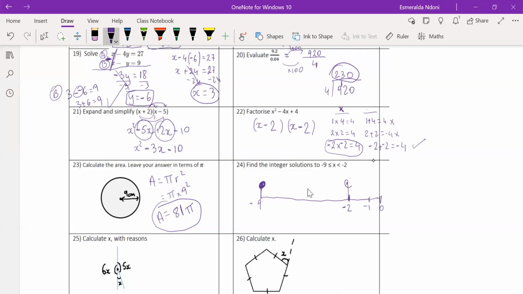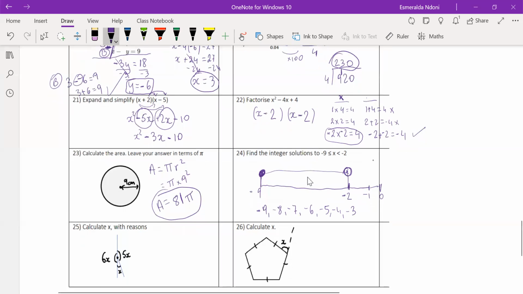All these numbers, this is not included, all these numbers that are in there are your solutions. All we need to do is list them. So -6, -5, -4, and -3. We do not write the -2 because that's not included in our solutions.